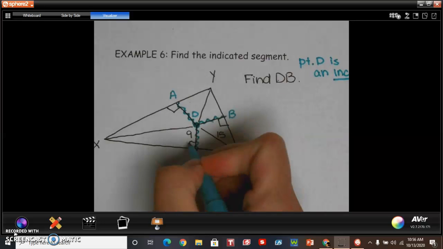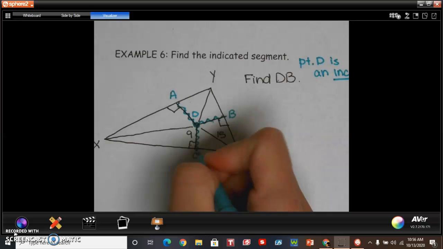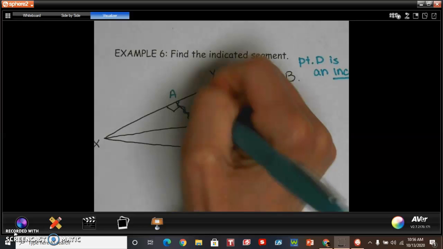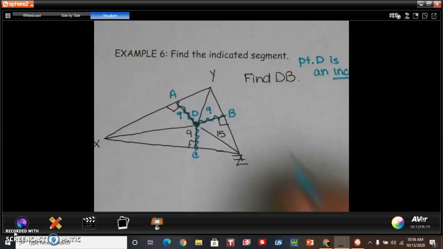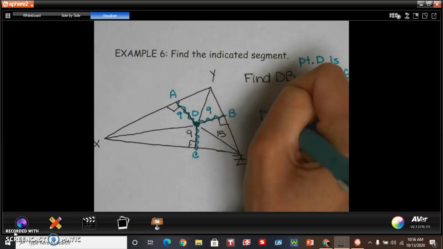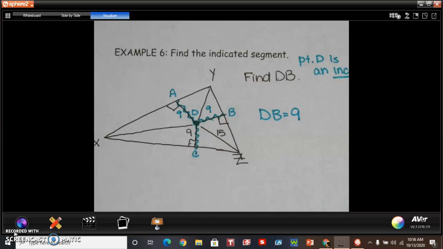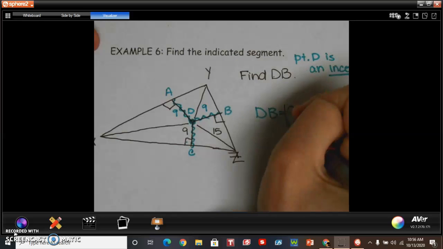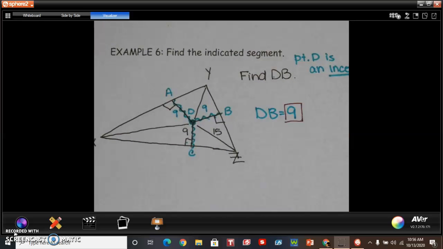Remember, all of these blue squiggles are the same length. So if this one's 9, how much are these? Well, that one's 9, and that one's 9. So how much is DB? DB equals 9. And just like before, when you type this into Google Forms, just type in 9. Do not type in anything else. So when you see incenter, box lines are equal.